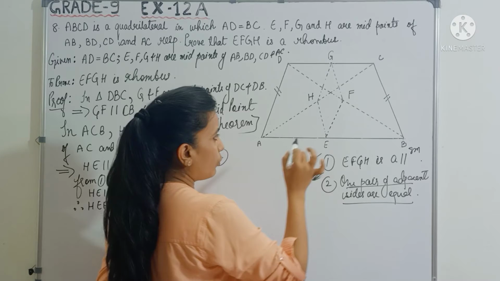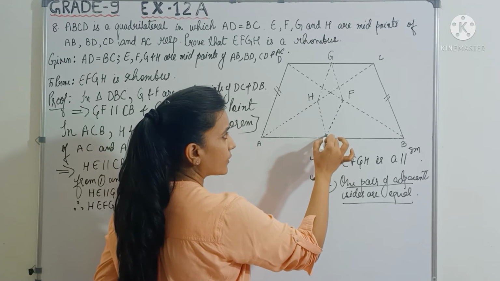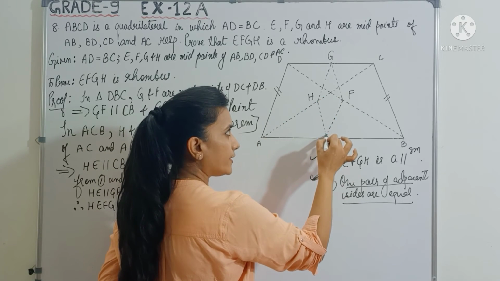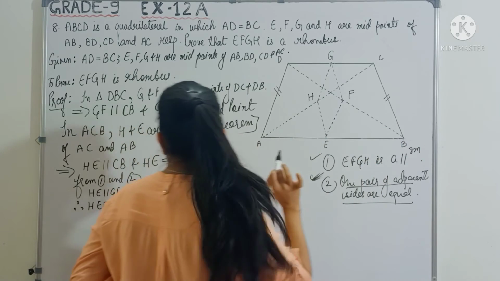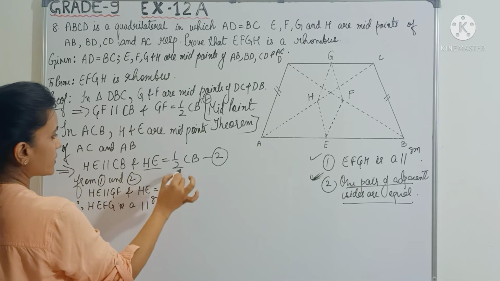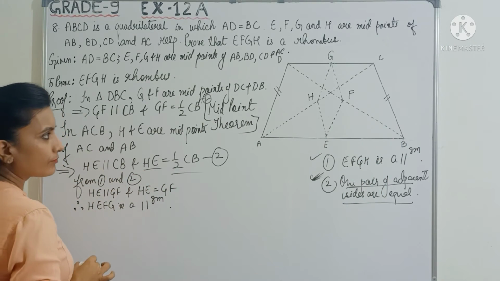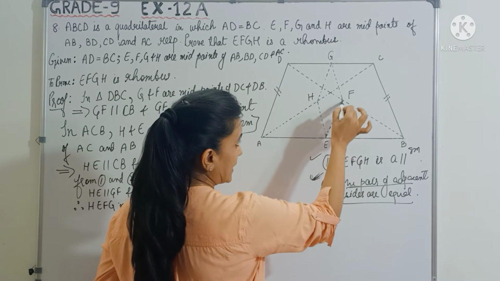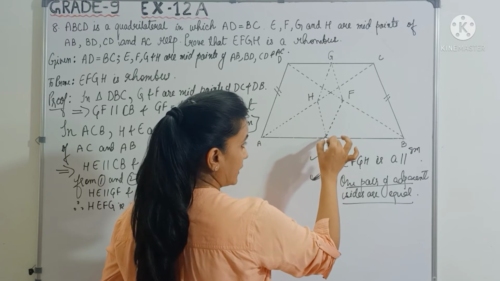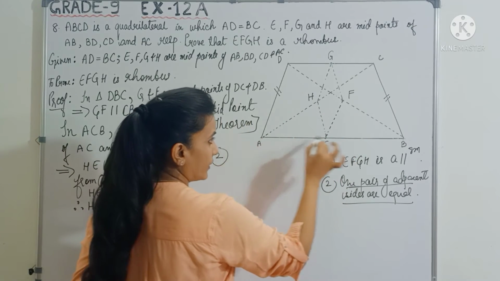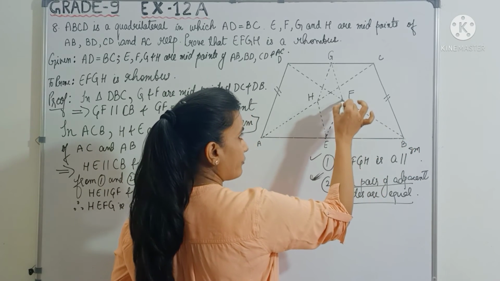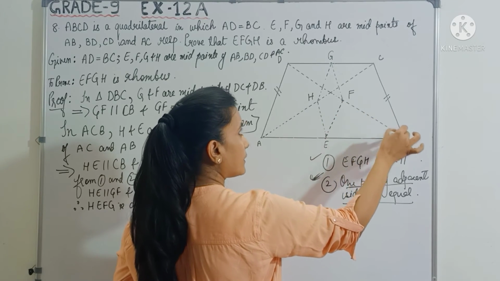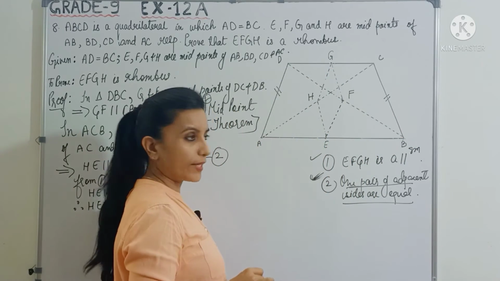Right? Now, what do you know about HE? You know that HE is equal to half of CB. Just now we have shown here, right? HE is equal to half of CB. And what do you know about EF? Now, E is the midpoint of AB and F is the midpoint of BD, right?